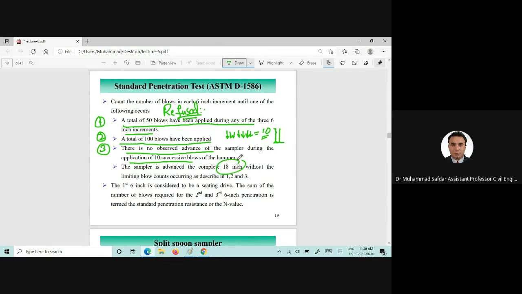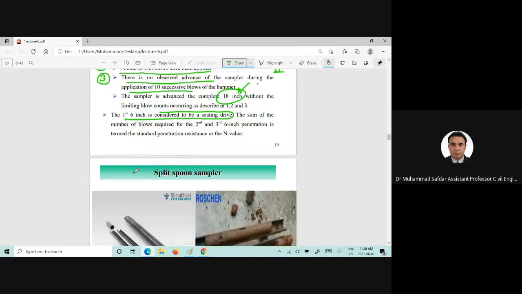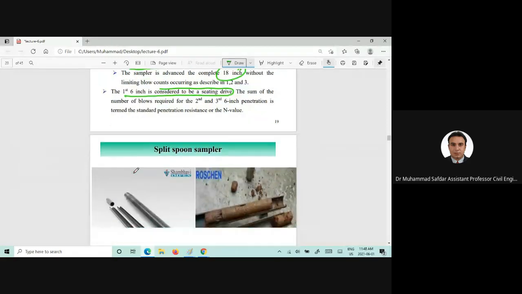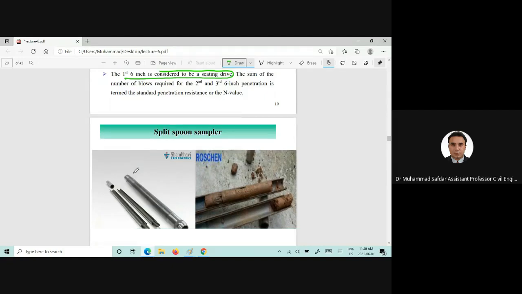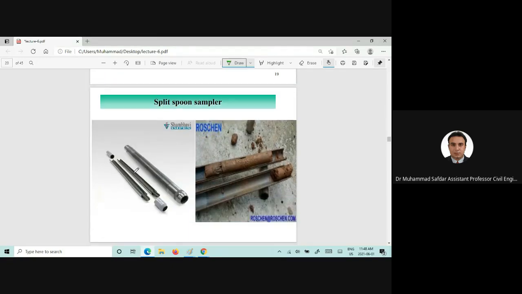We already know that we need to advance it to 18-inch, and we will consider that first 6-inch as the seating drive, and for the second and third 6-inch penetration, we will count those 2 6-inch intervals, and the number of blows required for those 2 intervals will be recorded as the SPT N value.